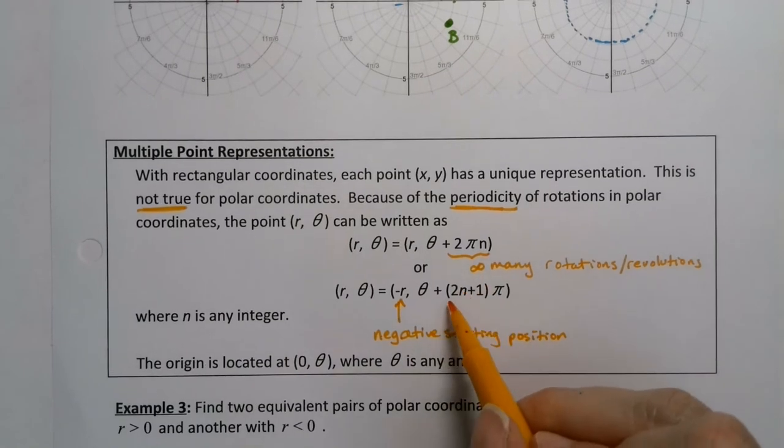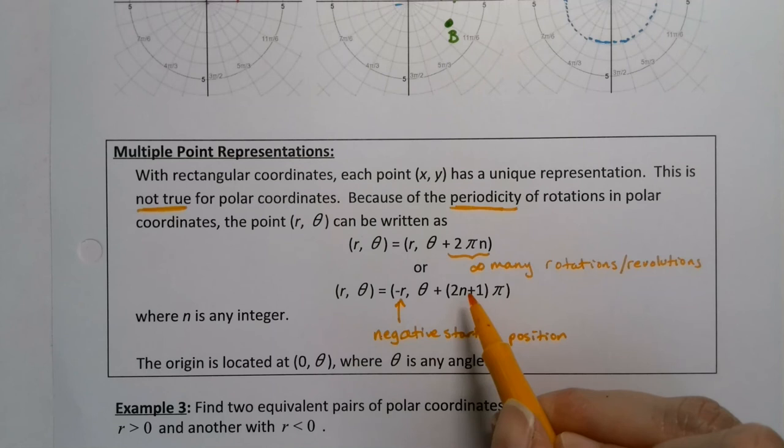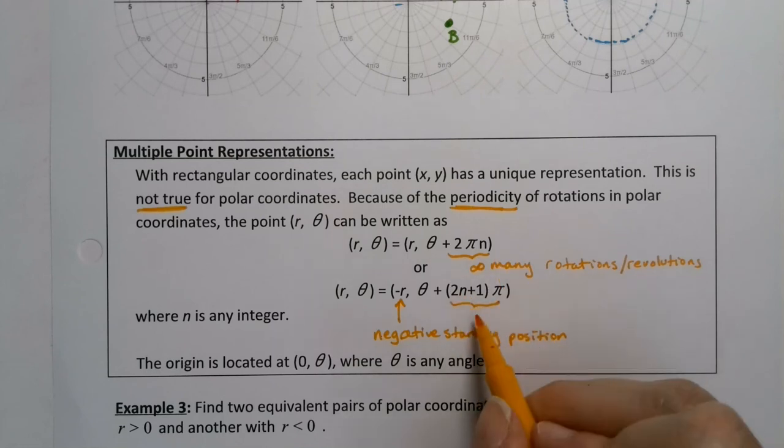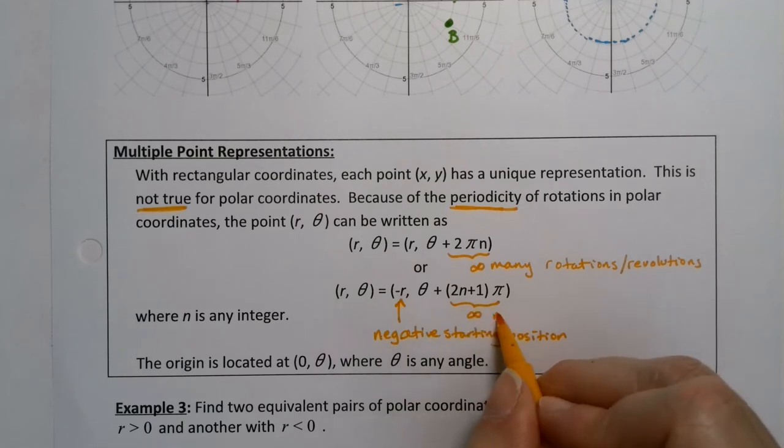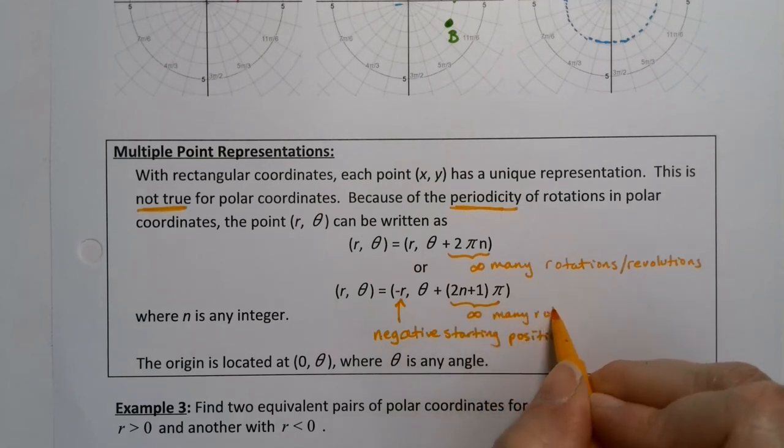And then also still add theta plus, see this, 2n plus 1 pi? That would again be infinitely many rotations, although those ones are odd as opposed to these ones which are even, but it's still infinitely many rotations.